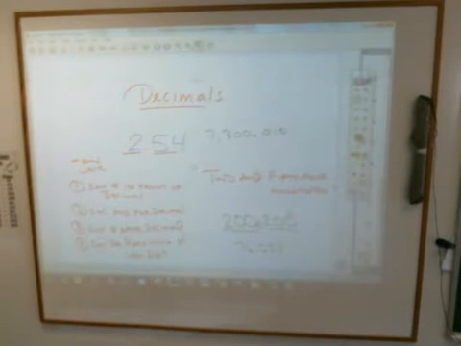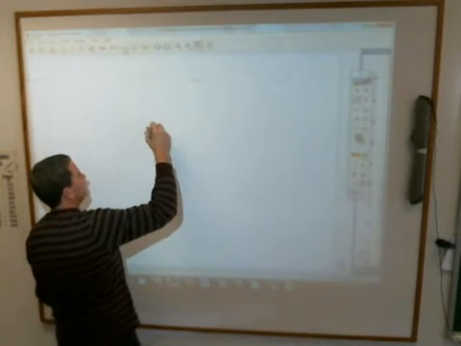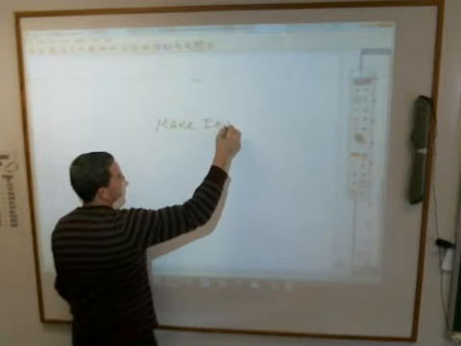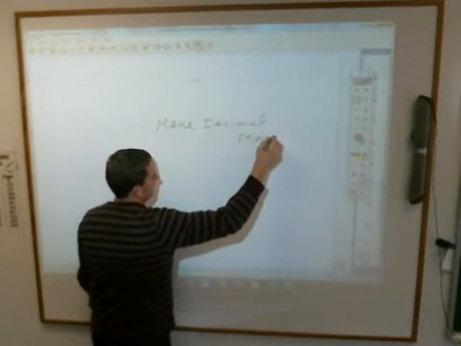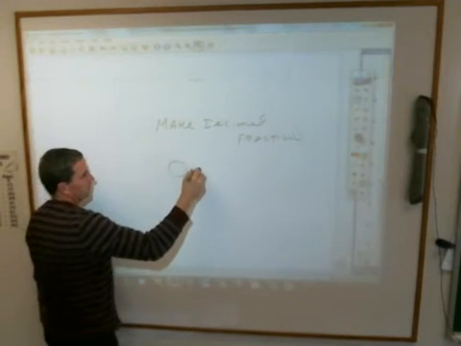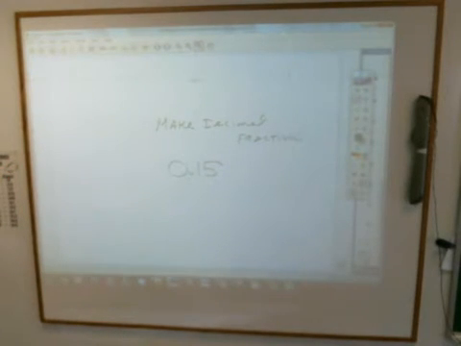Now, along those same lines, they're going to ask you how do you make decimals fractions? For example, if you have 0.15, what fraction is that, and how do you know?